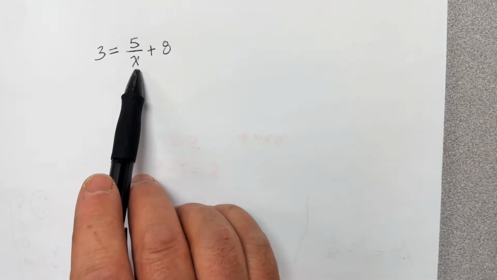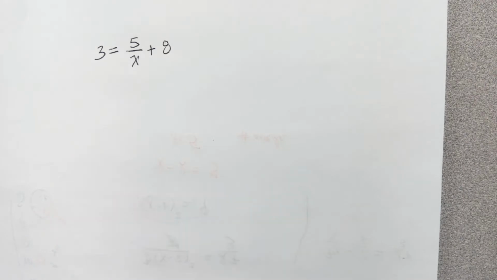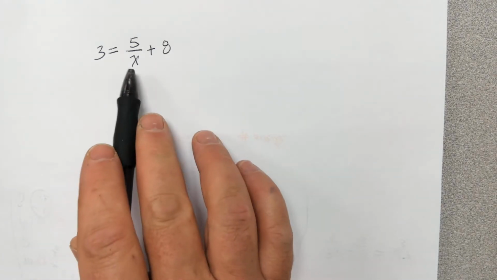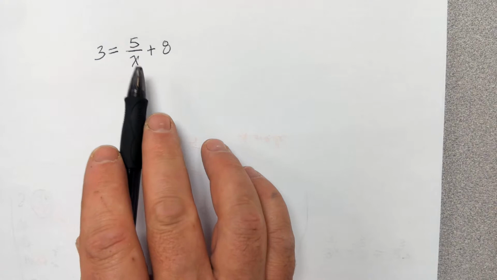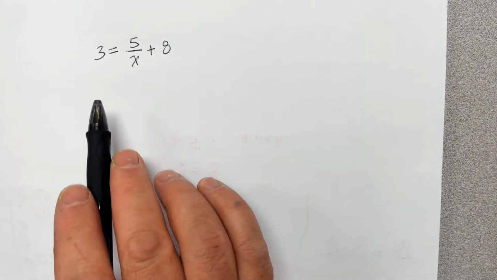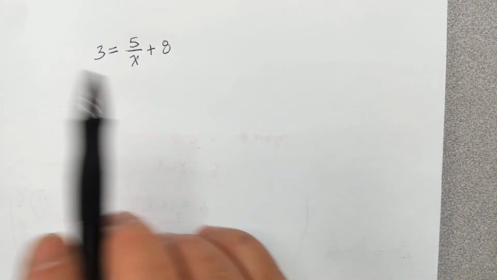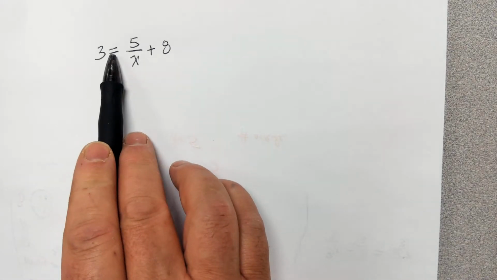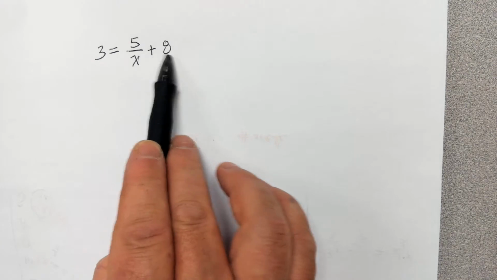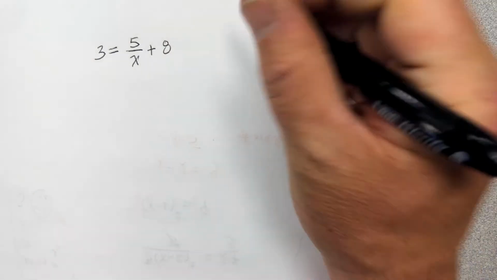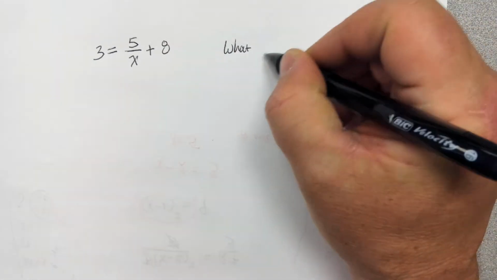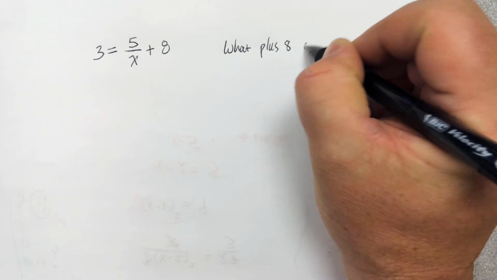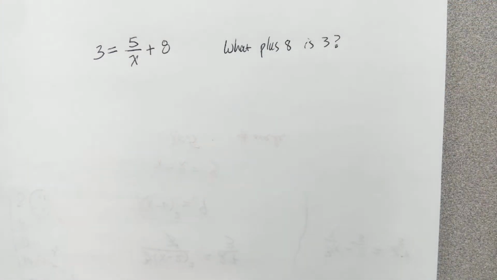So, Daniela, we did this one today in class at the high school with my honors freshman class, and a bunch of them got it, but a bunch of them got tricked. But then we started thinking about it. Look, this says 3 is equal to something plus 8. So the question really is, what plus 8 is 3? -5.